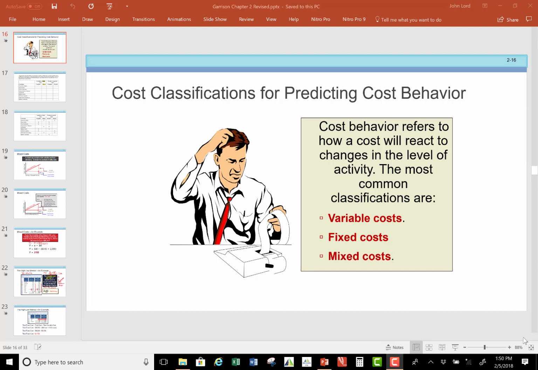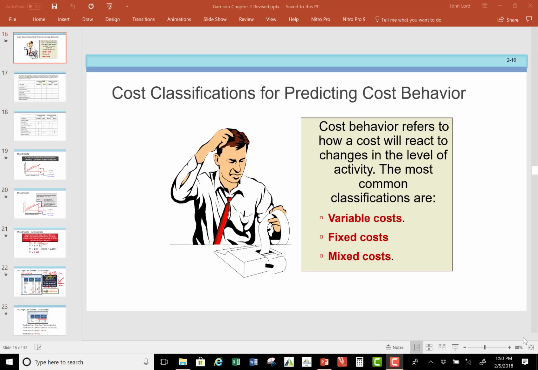Now I say that assuming with depreciation, I'm assuming straight line depreciation. There is a depreciation method called units of production that takes depreciation based on what? On how much you use that particular machine or whatever it is. And so if I'm producing more, I'm theoretically using that machine more.